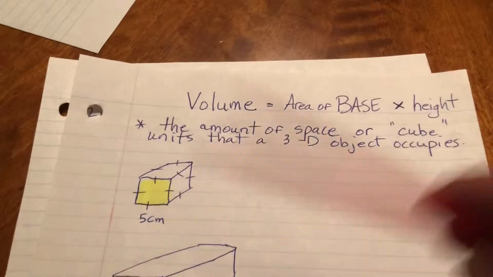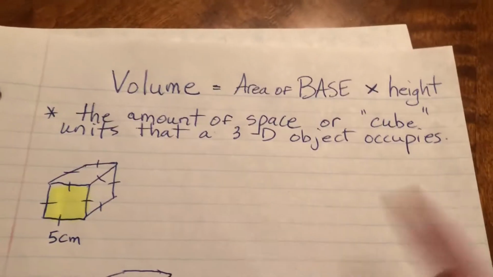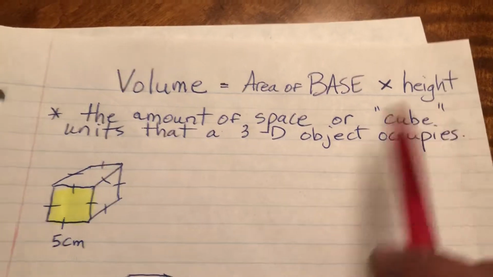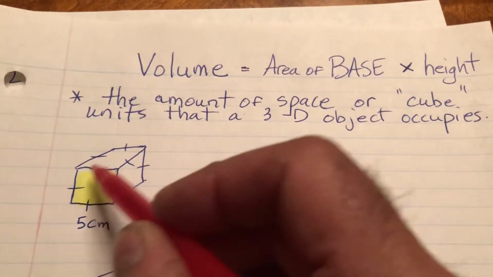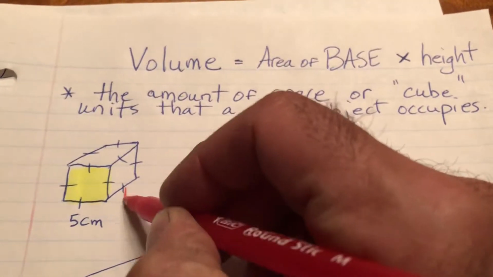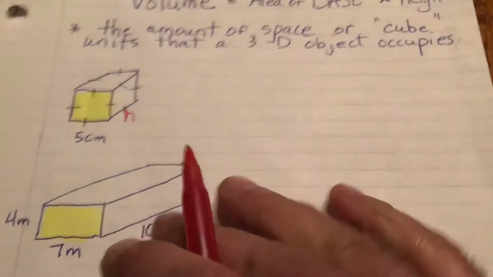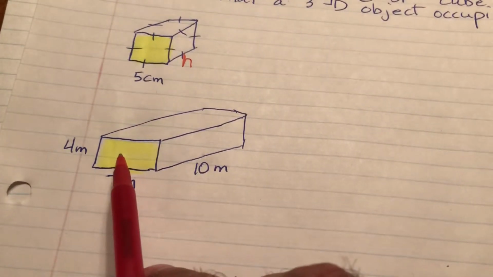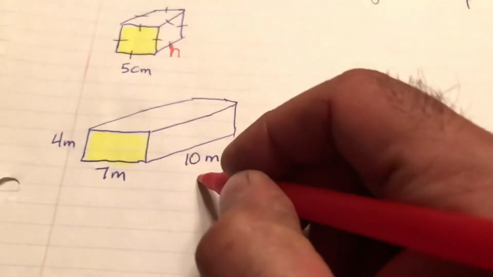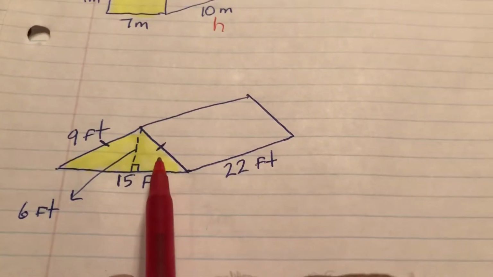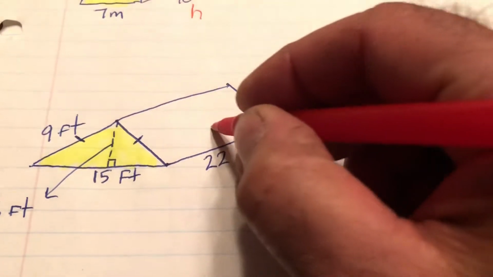So the formula says, just take the area of the base and then you times it by the height. Okay. So in a cube, this is the base and this is the height. This is the base, and this is the height. This is the base shape, this is the height.